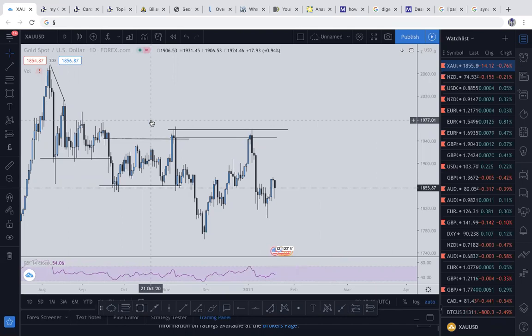What about if imbalance gets failed on a smaller time frame but not on the bigger time frame? Do we still have to keep in consideration a retracement on the bigger time frame? I wish you could show me an example of what you're talking about. That would be really nice.